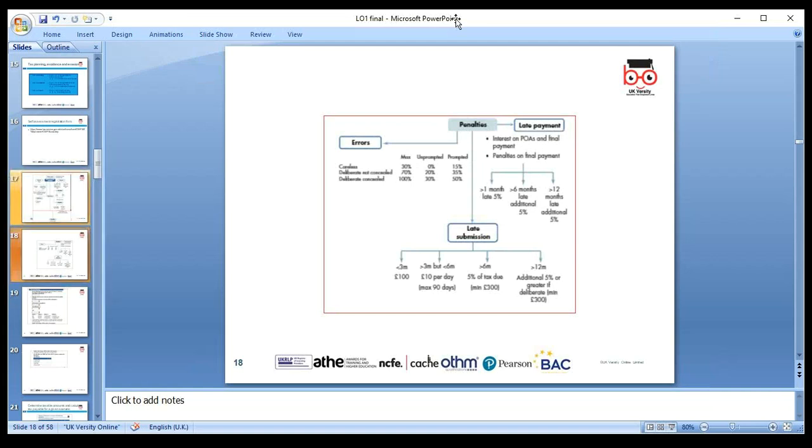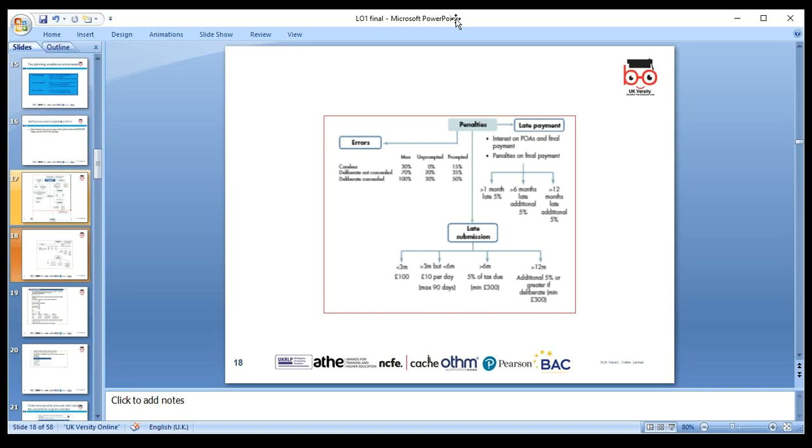Okay, then errors. If you make them, penalties can be for late payments: 1 month late 5%, 6 months late 5%, and 12 months late 5%. For late submissions, £100 even the next day.